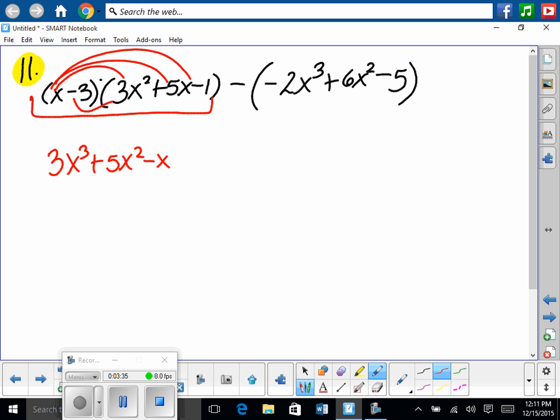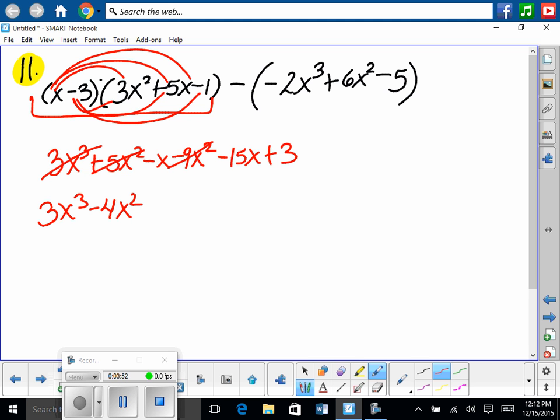And then we have minus 9x squared, and then minus 15x, and then plus 3. Combine like terms. So we have 3x cubed, and then it looks like negative 4x squared, and then negative 16x, and then plus 3.